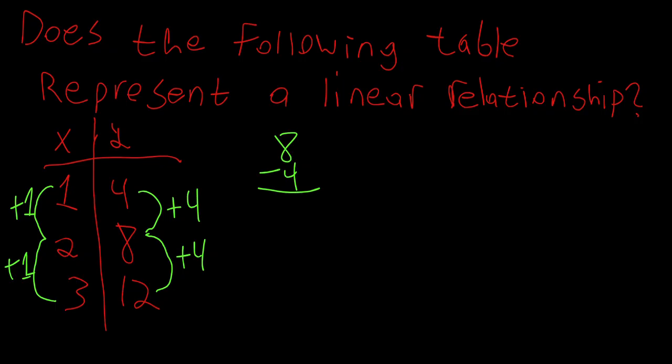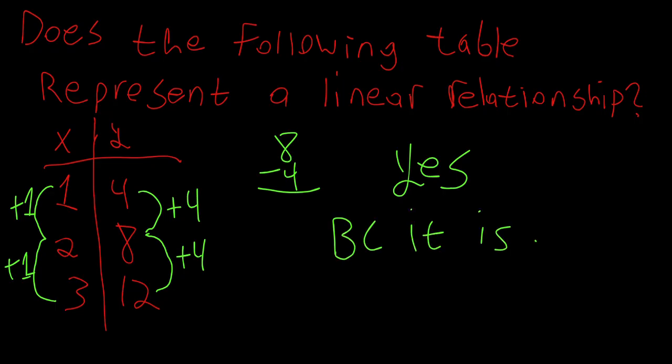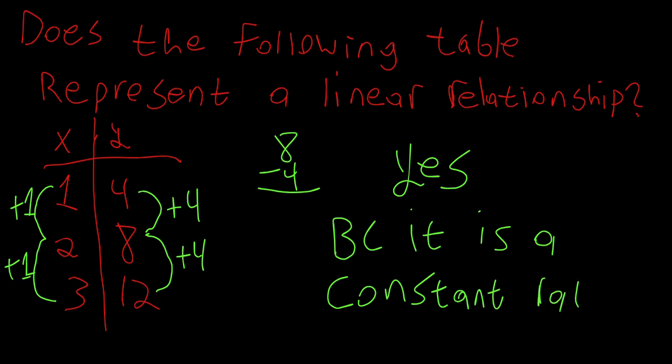Okay, so right here, what are we seeing? Is it a linear relationship? Yes, it's a linear relationship because it is a constant rate of change. So the rate of change is for every 1 x we increase by 4 y.